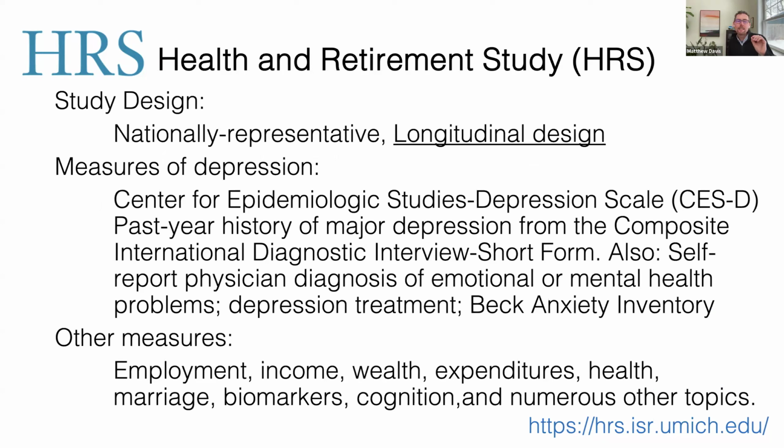So they do collect the Center for Epidemiologic Studies depression scale. They survey folks and ask them about history of major depression episodes. They get the short form as well. They get self-reported diagnosis. So you can look at a lot of interesting things. You can look at diagnosis related to self-report and those types of things.